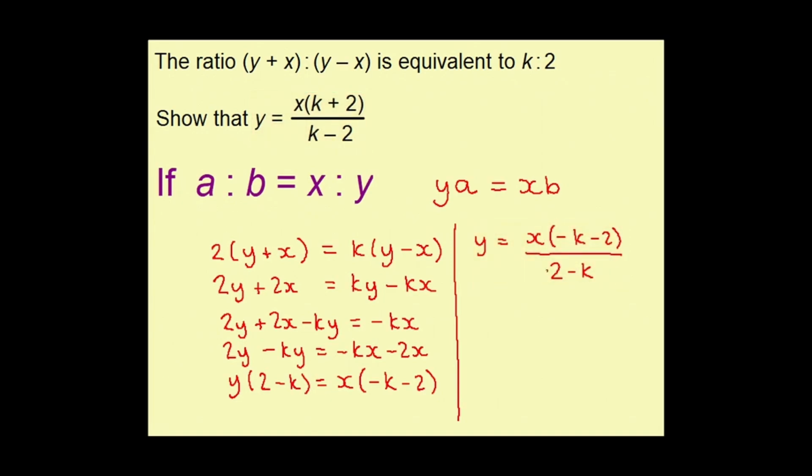I need to multiply the top and the bottom by minus 1. This will give me y equals x brackets k plus 2, divided by k minus 2. So I've now shown, with full algebraic working out, that y is equal to this.